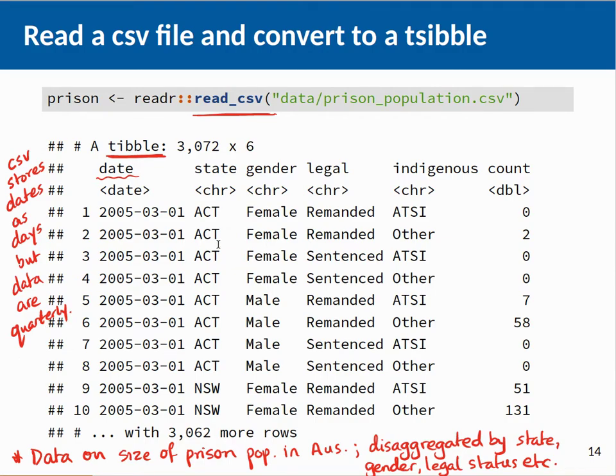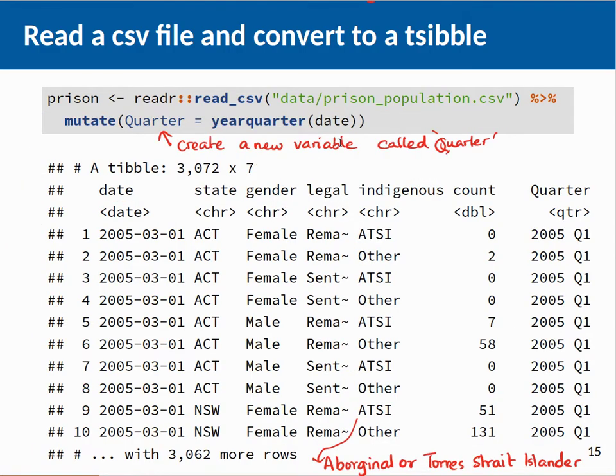That's what you're going to find. Okay. So this data set stores data on the size of a prison population in Australia, which has all of these keys like state, gender, legal status, etc. Okay, and also indigenous, you know.